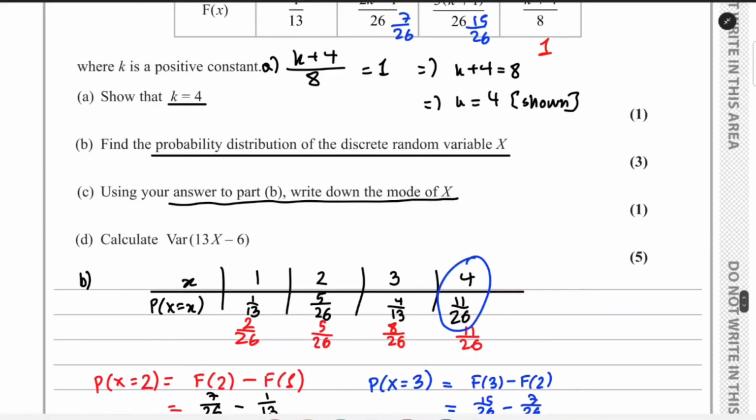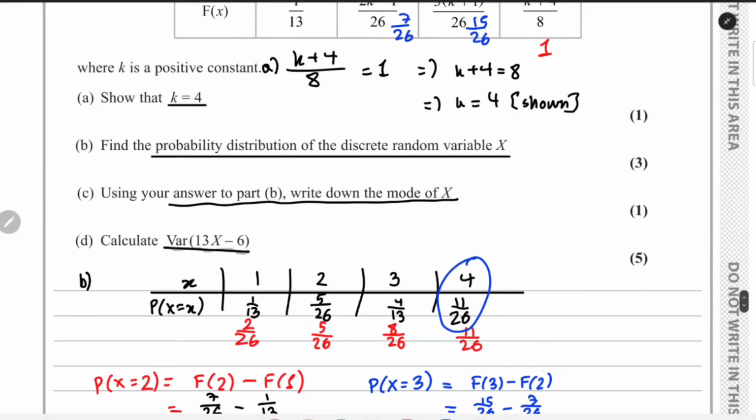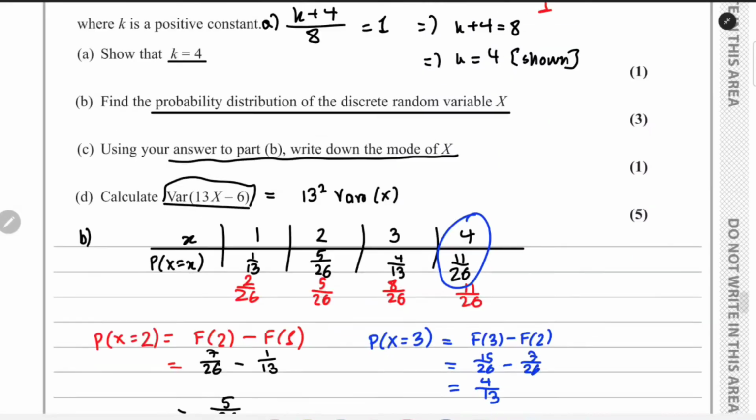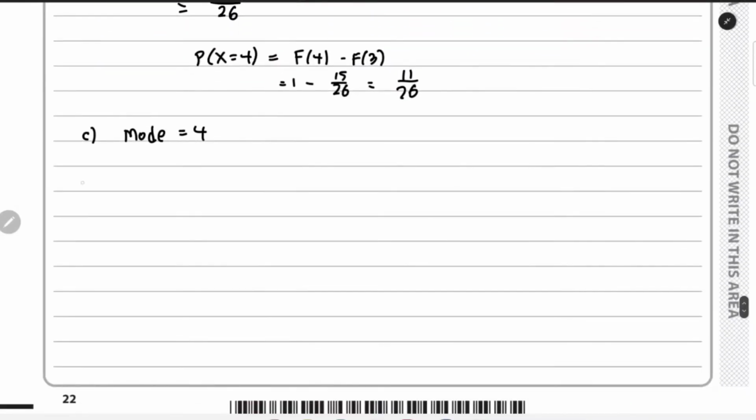Now we have to find the variance of 13 minus x. This will basically be 13 squared times the variance of x. Now variance of x would be E of x squared minus E of x whole squared.